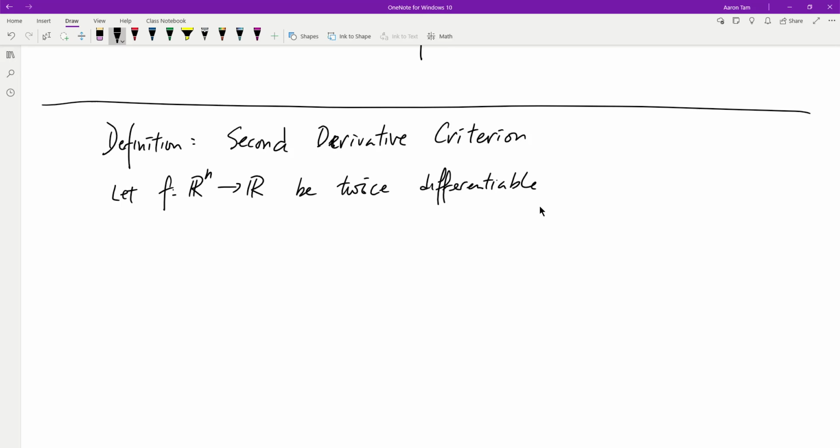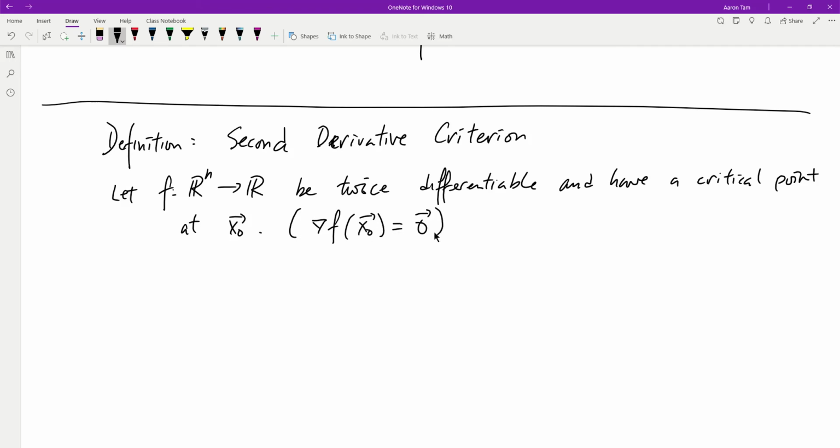So therefore, I say twice differentiable, meaning that it has first and second order partial derivatives, and has a critical point at vector x sub 0. So once again, what does that mean? That implies that the gradient of f at vector x sub 0 is equal to the 0 vector. Notice that this is almost exactly the same as what I just wrote for the second derivative test, except made into multivariable calculus. So here come the three cases that we have to consider.